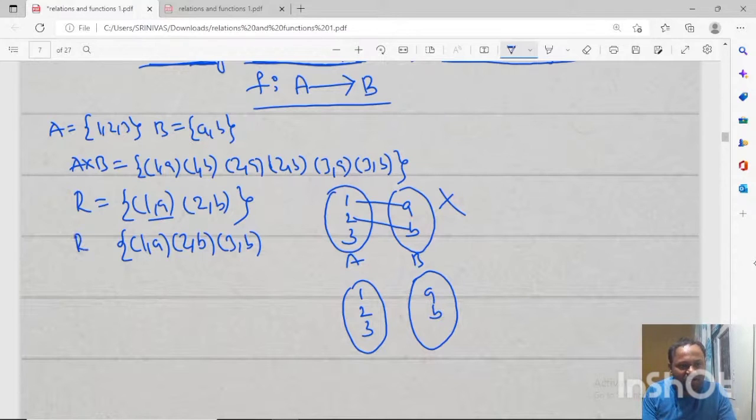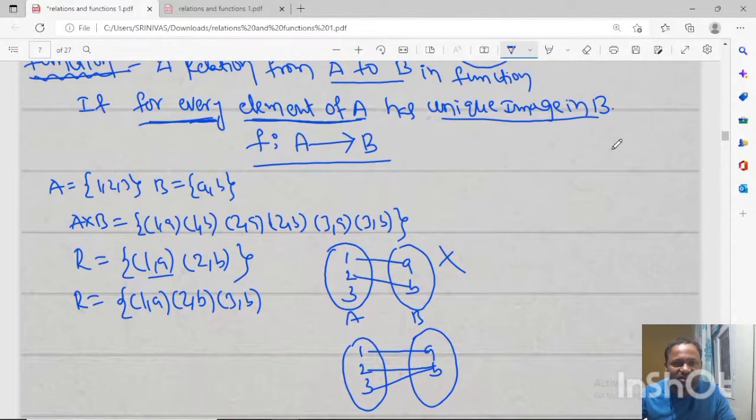Is this relation called a function? 1a, 2b, 3b. Yes, it is a function because according to the definition, every element I have used in the first set has a unique image in B. Unique image means 1 has one relation, 2 has one relation, 3 has one relation. That's why it is a function.